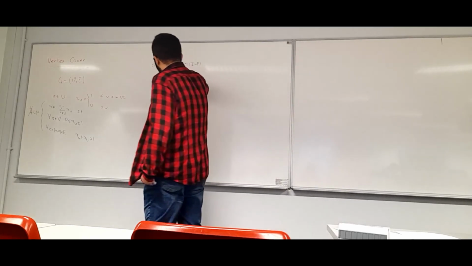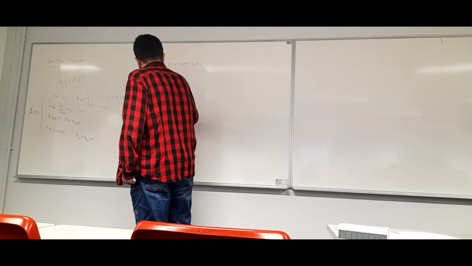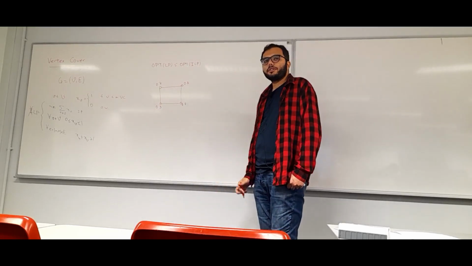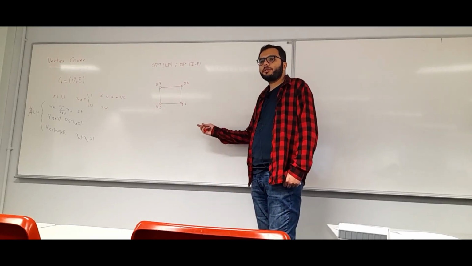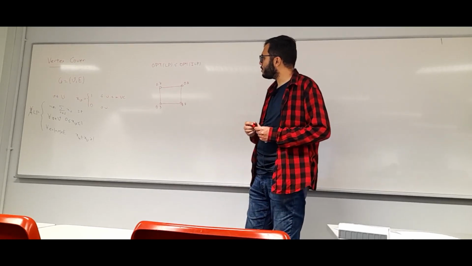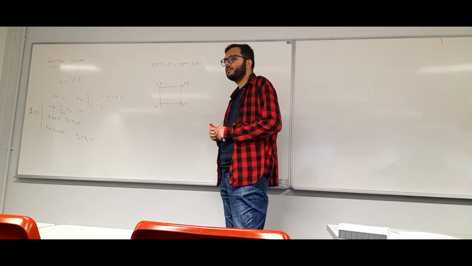Actually, I can do 0.7 here as well, so that it's optimal for the LP. Okay, so my LP has given me a solution that looks like this. How do I convert this to a solution where all of my values are either 0 or 1?